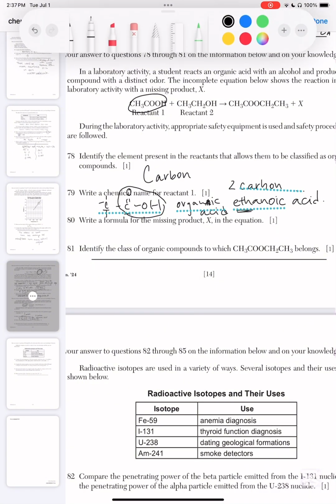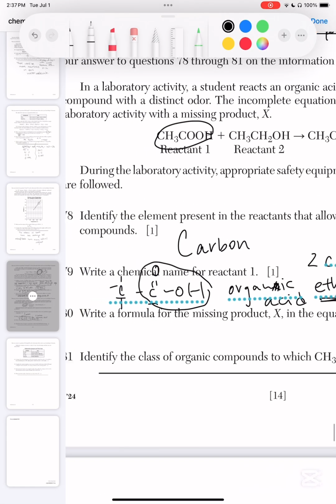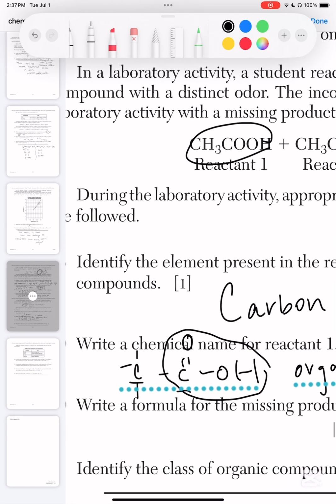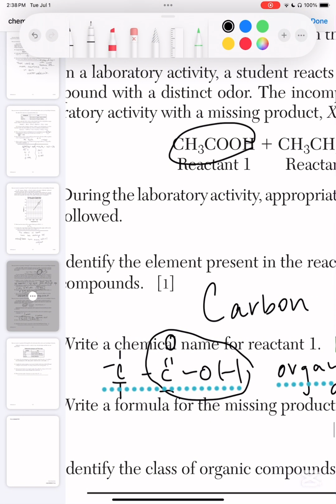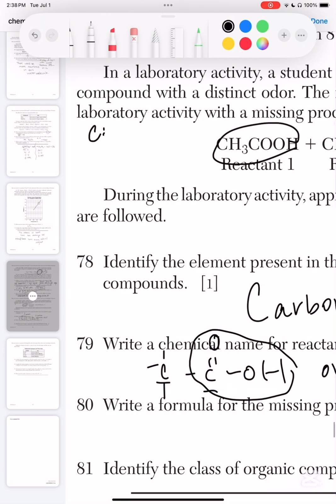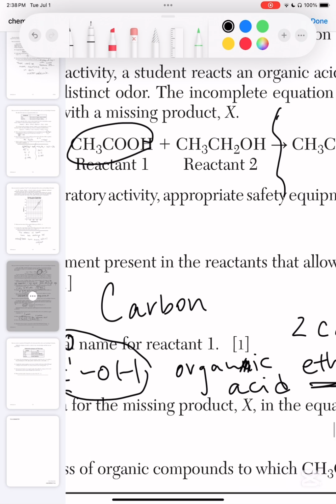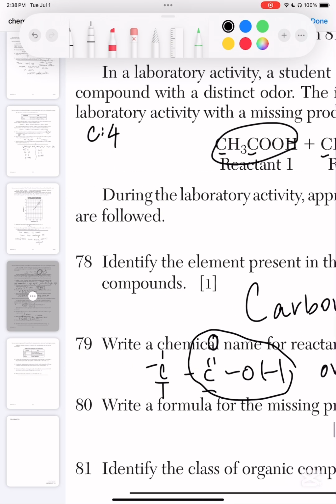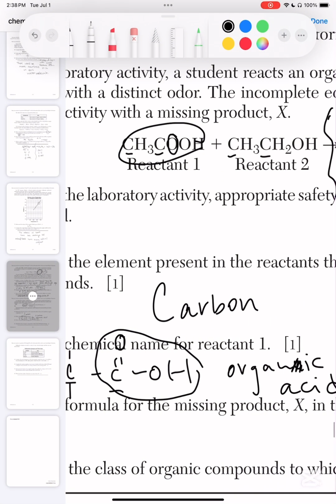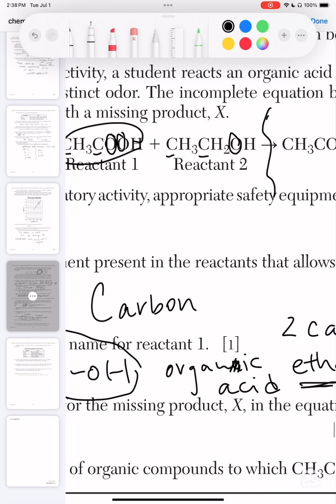Okay, next question asks for the formula of the missing product. As we know, we have to make sure that the amount of the different atoms on both sides is the same. So we can do this by counting the numbers of C's, H's, and O's we have. We have 4 C's on the left, and 2 O's on the left, and 3 O's on the right.